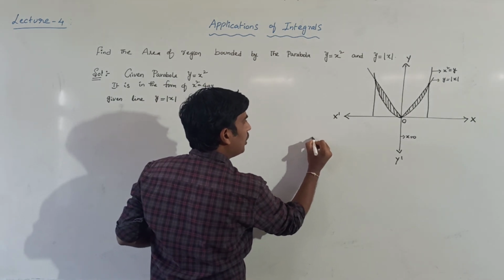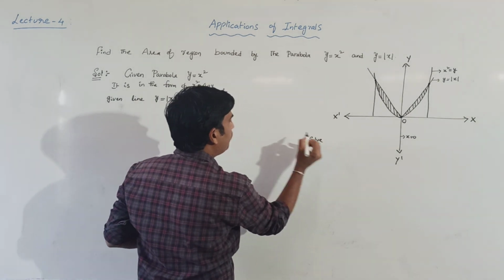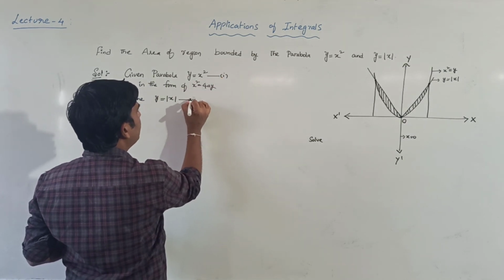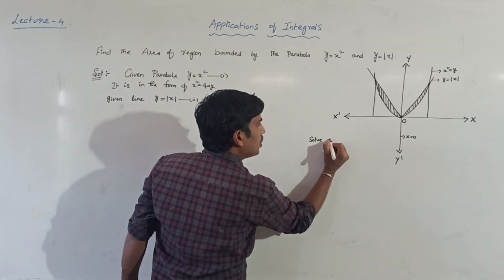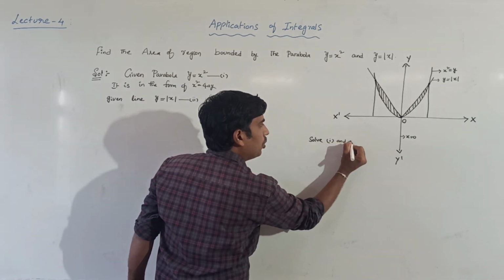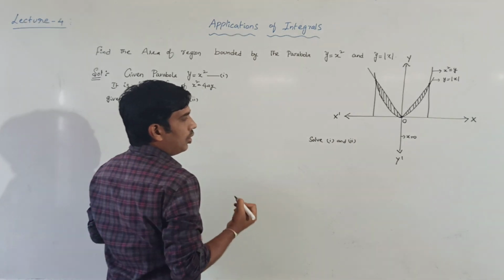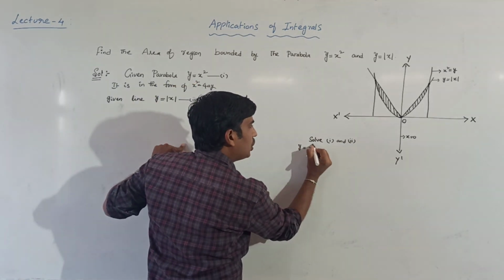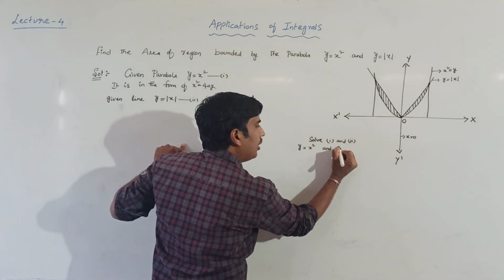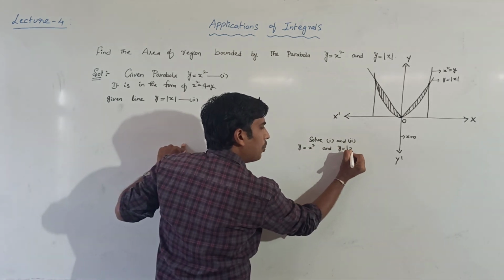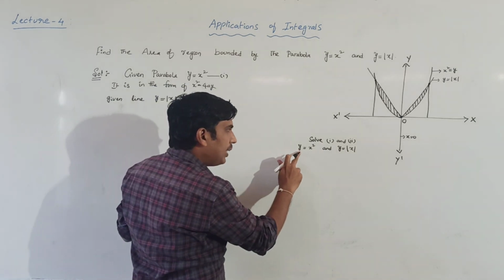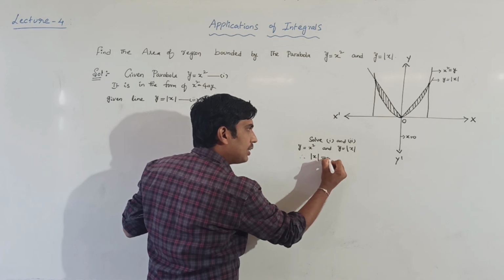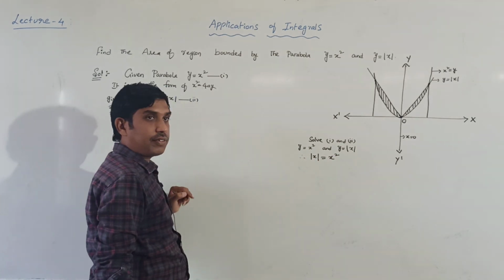So here solve, this is equation 1, this is equation 2, solve 1 and 2. So what are 1 and 2 equations? Y is equals to x square and y is equals to modulus x. In the place of y, this modulus x replaced will get modulus x is equals to x square.